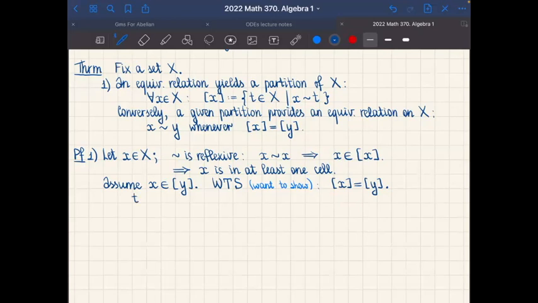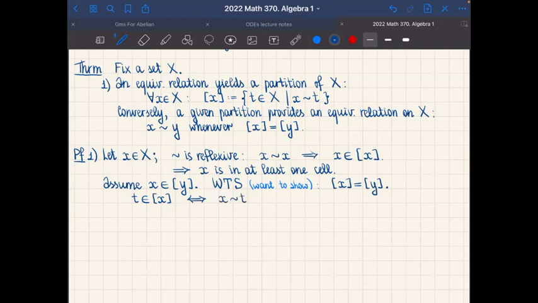Let t be an element in the cell defined by x, which by definition means that x is equivalent to t.